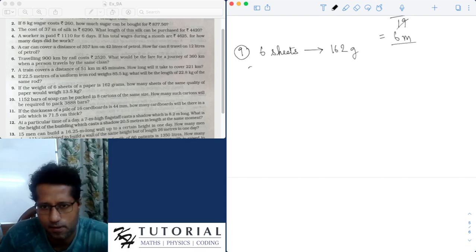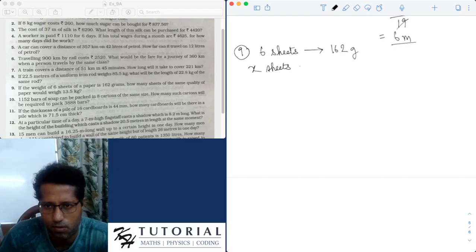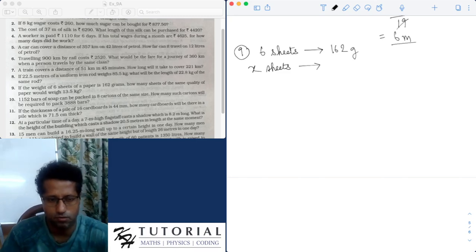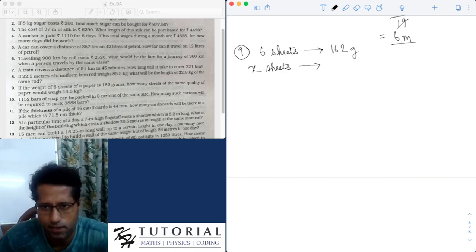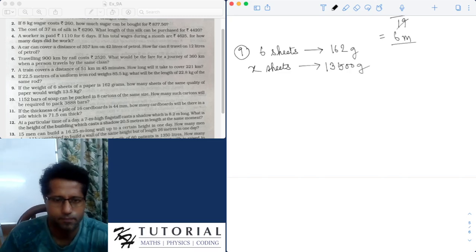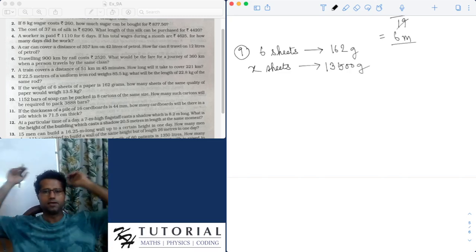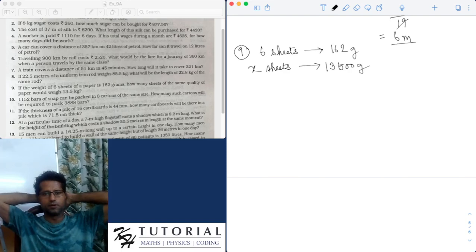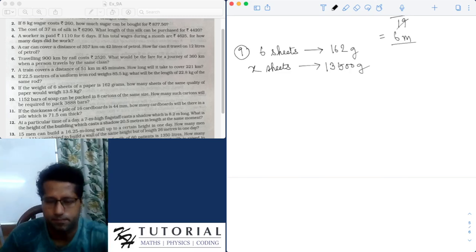So let's say X sheets will weigh 13.5 kg. We should convert it to gram. 1 kg is 1000 gram, so 13.5 kg is 13,500 gram.